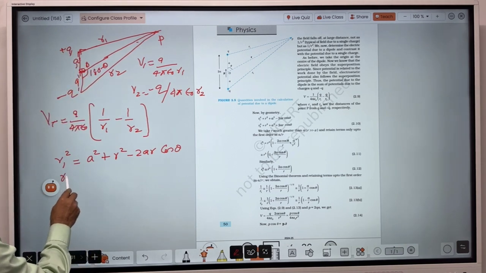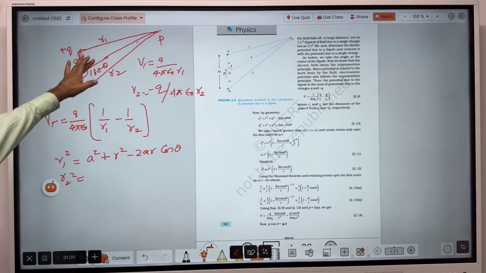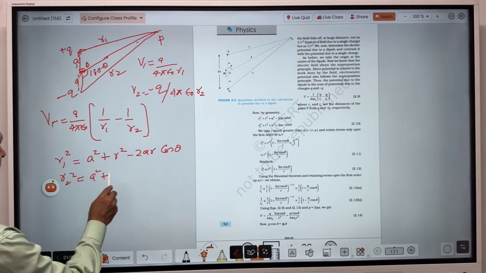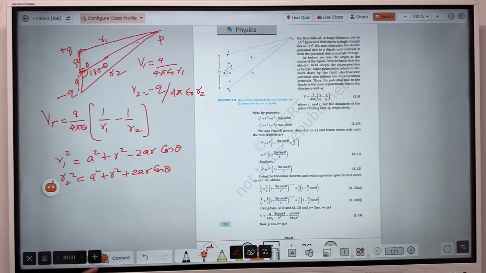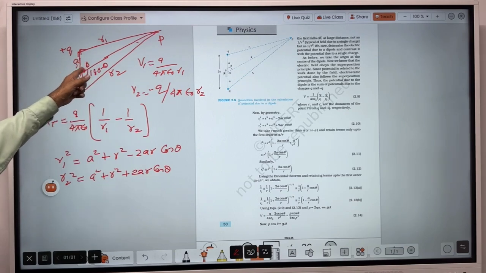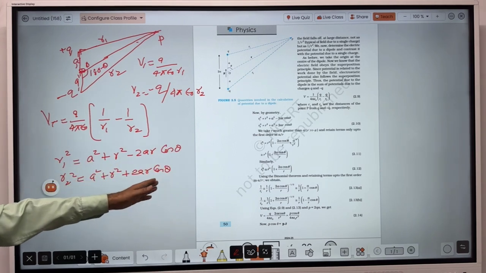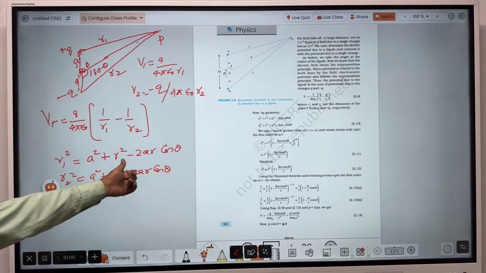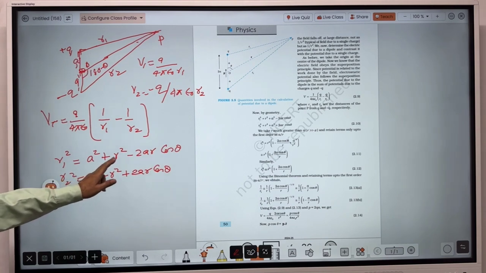So R2 square will be equal to a square plus R square plus 2aR cos theta. You have seen the difference. In case of R1 the angle is theta, and here cos theta is replaced by cos of 180 minus theta, that is why the negative has become positive.